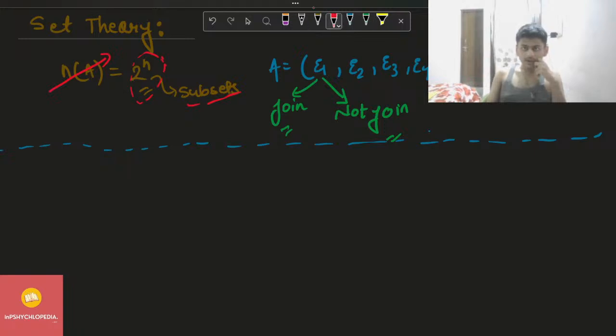What I was telling you here was the number of subsets. So cardinality and number of subsets are different. So yes, it was the number of subsets. Cardinality of a set is just n, the number of elements in the set.